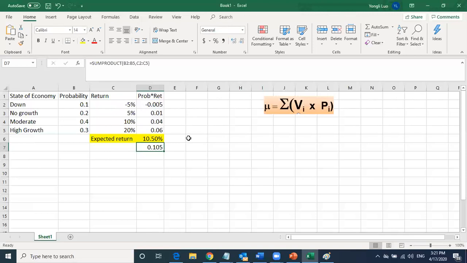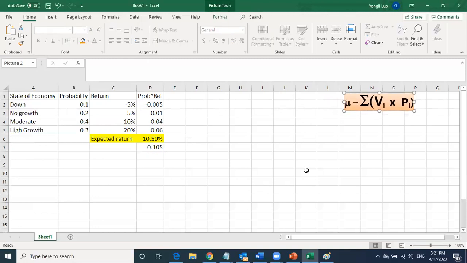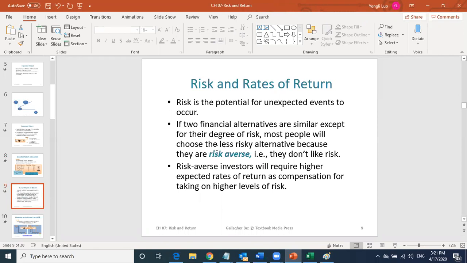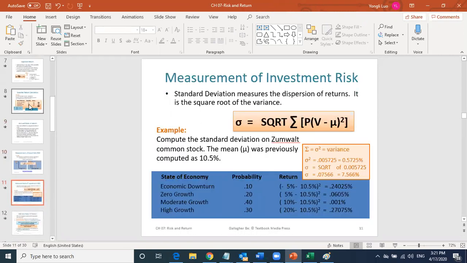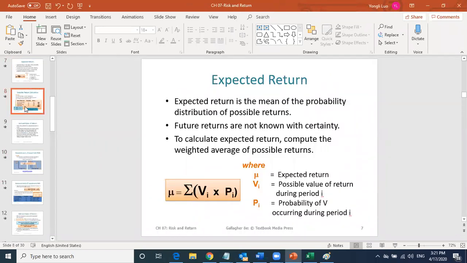So we already know the return based on different scenarios. The next step we're going to talk about is how to measure risk. For risk, we use the standard deviation of that return.